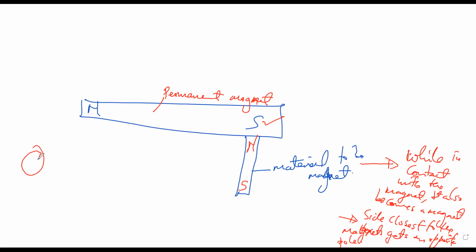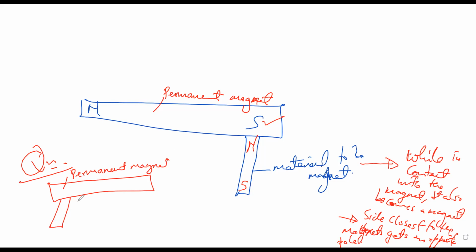Now, this is my question. I have this one as my permanent magnet, with the north and the south. And then I have two materials: this is material X, this is material Y. Can you tell me the poles on materials X and Y?